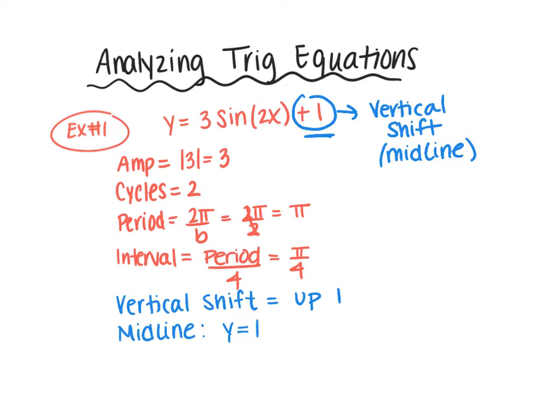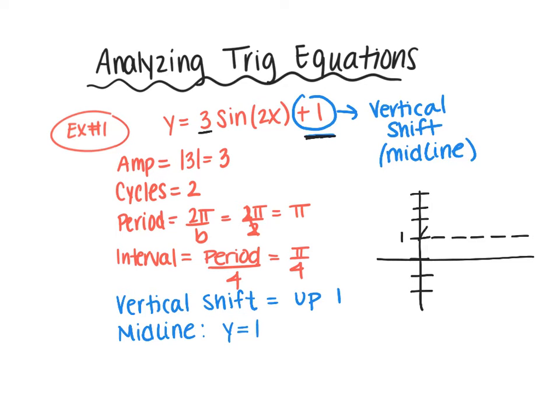And again, you guys did that with your graphs, and that's what this plus 1 means. And then I could ask you to find out the maximum value and the minimum value that the graph will hit. So just to show you what I'm talking about, since we have an amplitude of 3 and a vertical shift of 1, just like you did in your video last week, I'm going up 3, 1, 2, 3, and then down 3, 1, 2, 3.